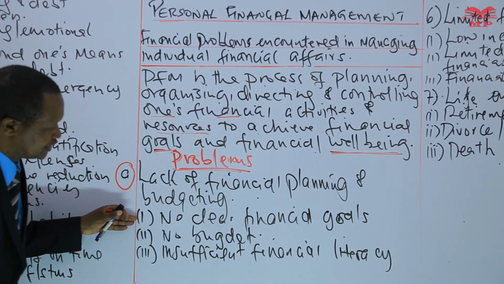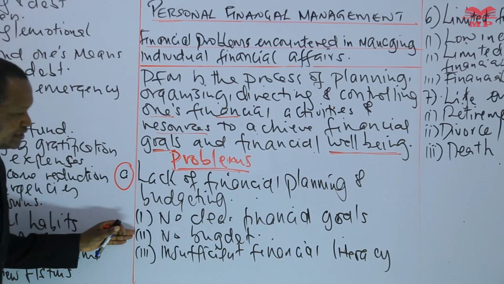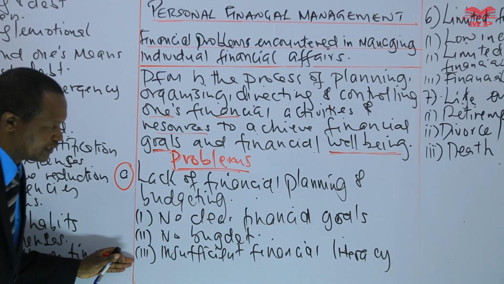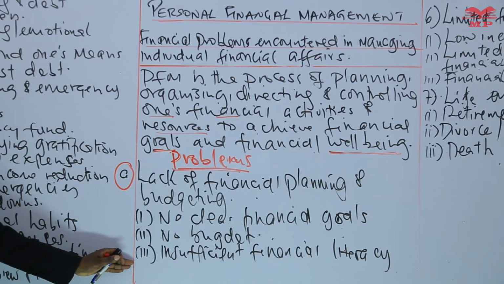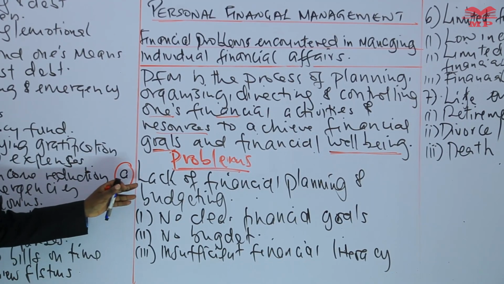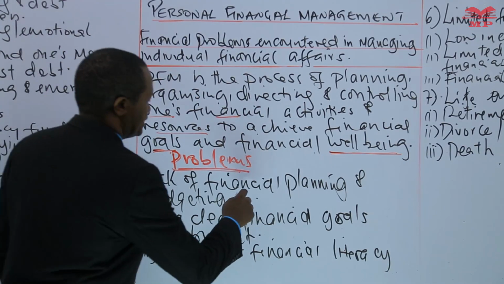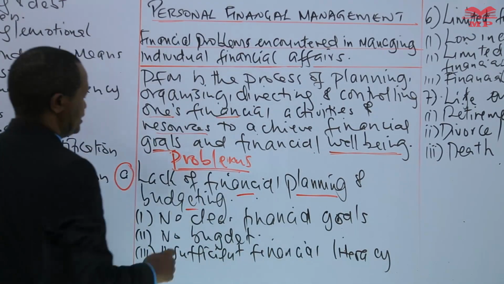Having no clear financial goals, having no clear budgets or no budgets, having insufficient financial literacy. These are points to support lack of financial planning and budgeting.